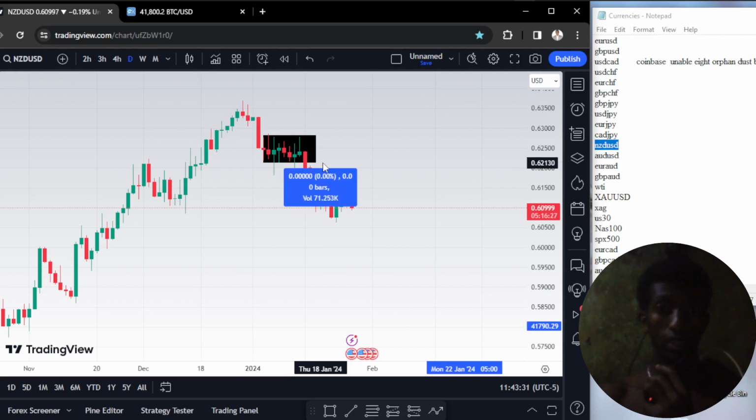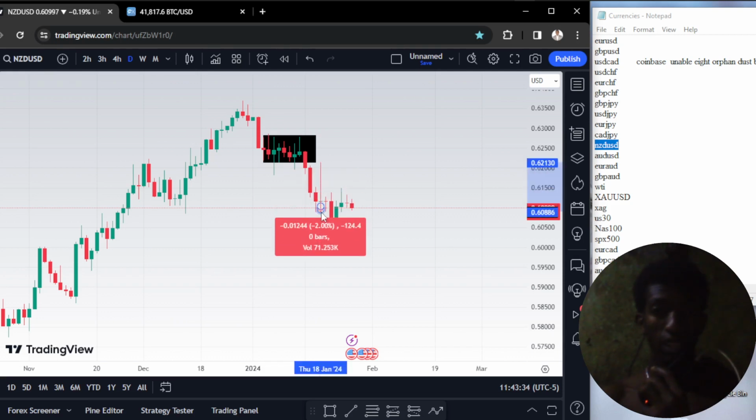Let's measure this one. This is a daily time frame. As you can see, the pips are 125 right here, okay? 125 is respectable because in a single day the market, on average, gives you 30 to 40 pips, sometimes 50 pips.